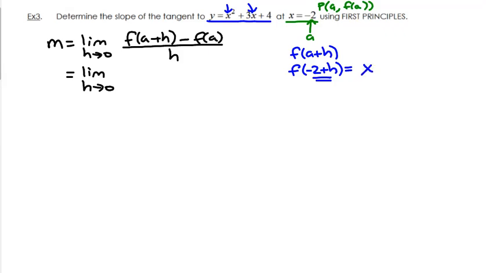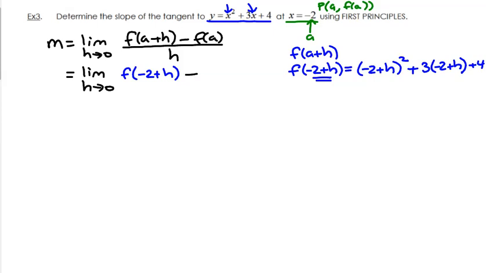Right here, x is going to be scratched out, and you're going to get -2 plus h instead. And then instead of the 3x, you're going to get 3 multiplied by -2 plus h. And then you're going to get plus 4. That's what we mean by f at -2 plus h for our first part.